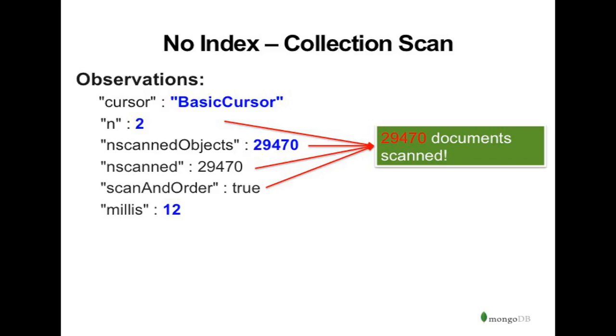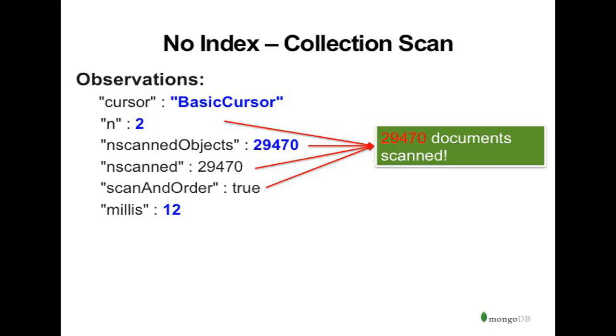The basic cursor means I will not use an index here. This is like a full table scan in RDBMS parlance. The n means the number of records returned to me as output. And nscannedObjects is the number of documents MongoDB has to visit. In this case, it's 29,470, which happens to be the total set.